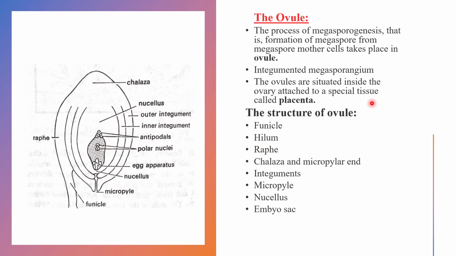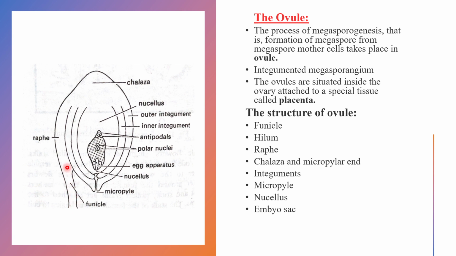The placenta is a special tissue. And when we go into detail on the structure of the ovule, first we will see the funicle. This is the funicle. The funicle is the point of attachment of the ovule. One side it is attached to the body, and the other side it is attached to the placenta.